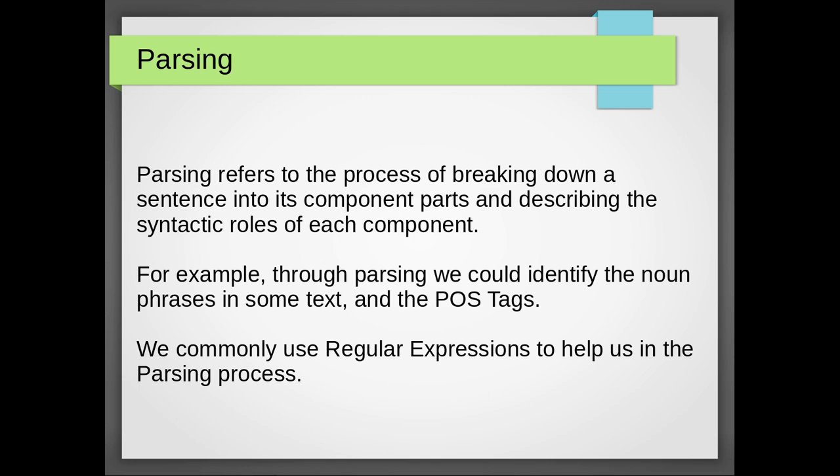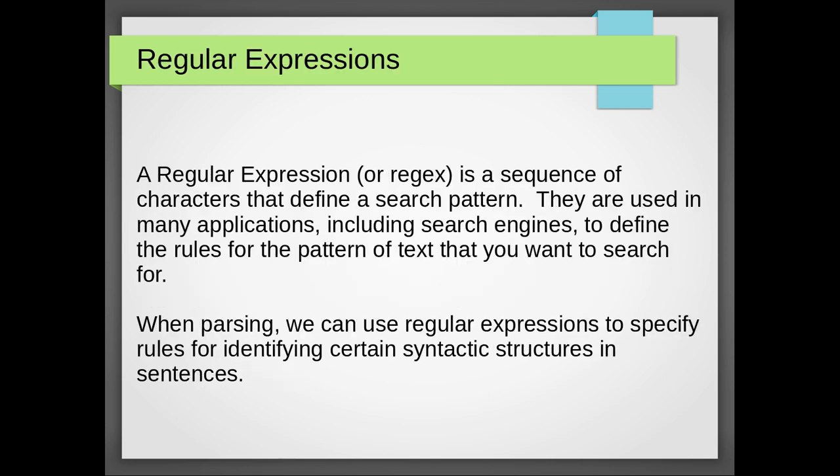As an example, through parsing, we could identify the noun phrases in some text and the POS tags. And when we undertake parsing, we commonly use things called regular expressions, which help us in the parsing process and allow us to specify the kind of rules that we're going to need when we're applying parsing.